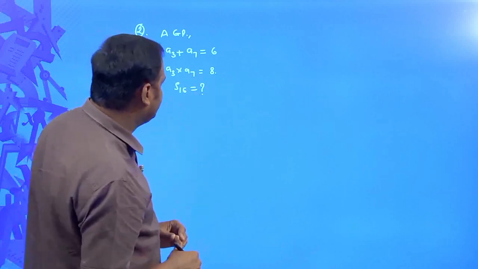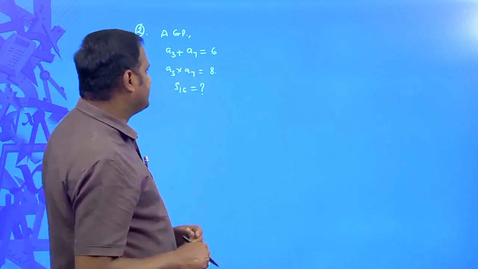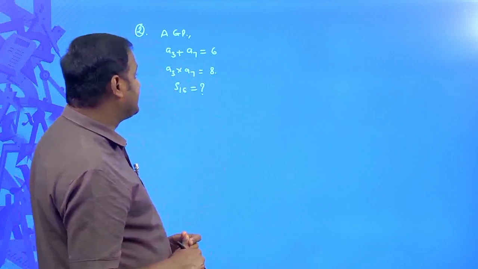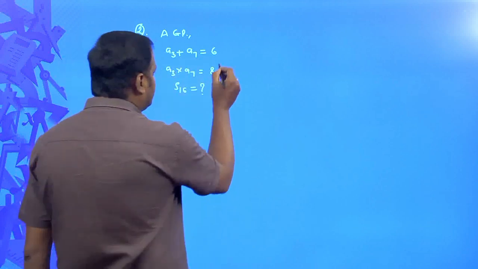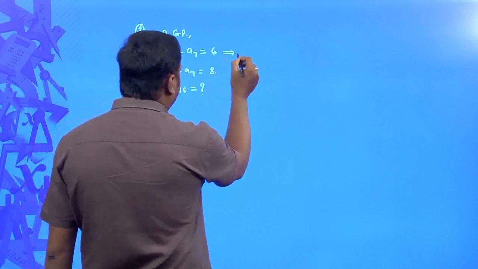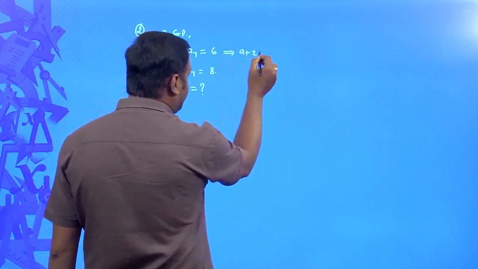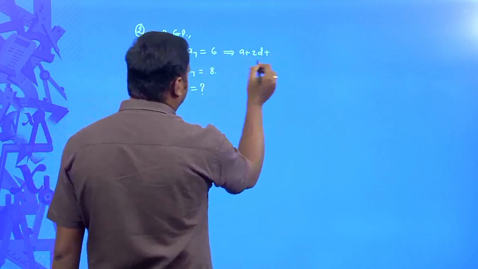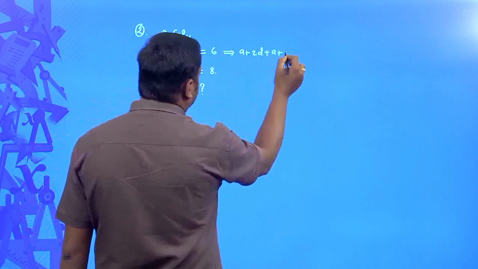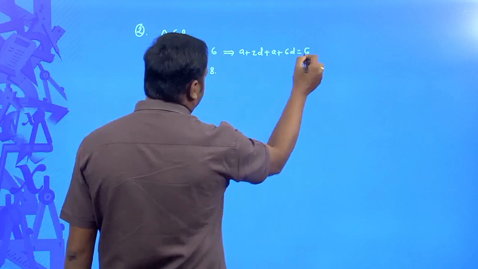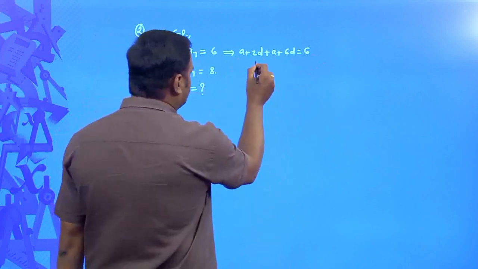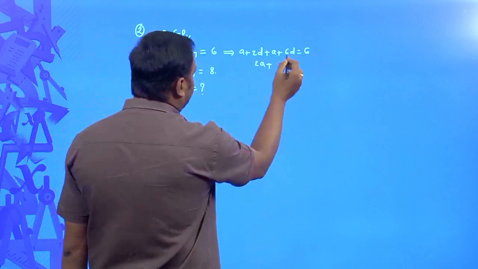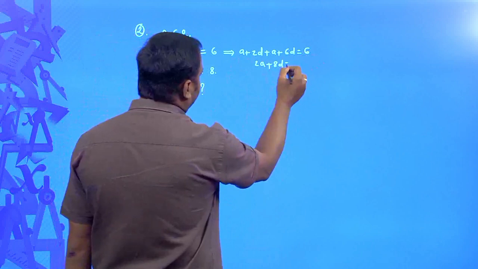Let us try to understand. A3 plus A7 is equal to 6, that is, third term plus seventh term is equal to 6. The third term is a plus 2d and the seventh term is a plus 6d, which is equal to 6, right. a plus a is 2a, plus 2d plus 6d is 8d, equal to 6.